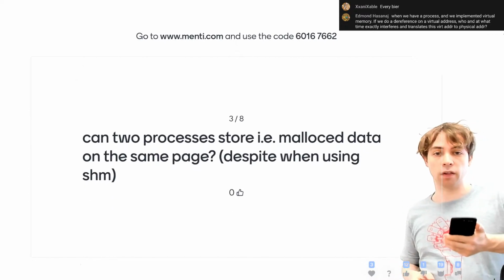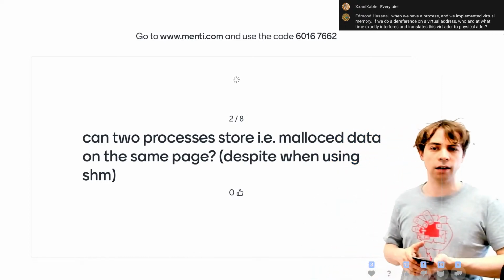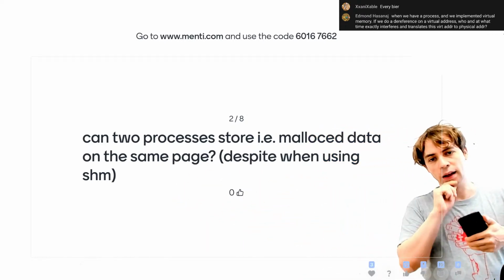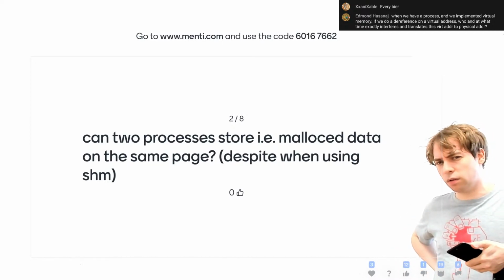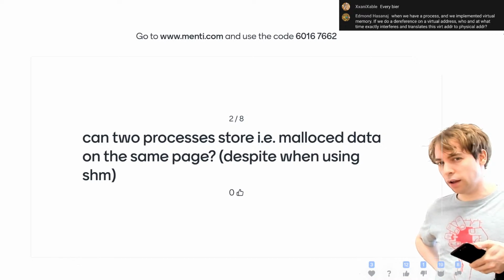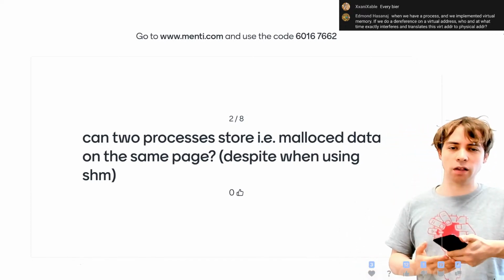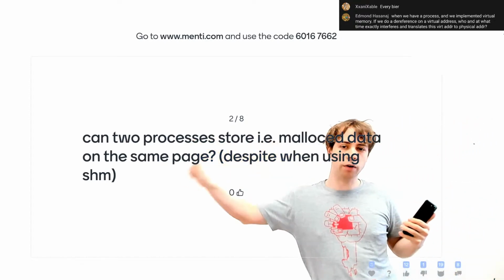Can two processes store, for instance, malloced data on the same page, despite when using shared memory? They shouldn't. If they would, I would consider this probably a bug, because it's not possible without shared memory for two processes to work on the same page.